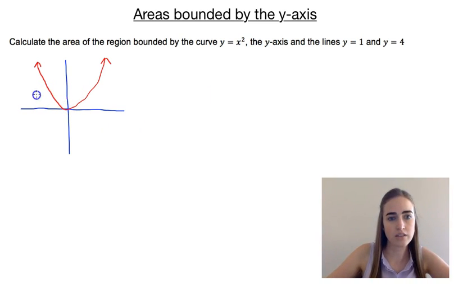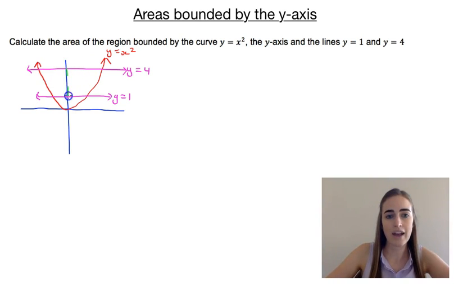So 1 is going to go across here, that's y equals 1, and y equals 4 would be up here somewhere. I forgot to label this one as y equals x squared. So what we're trying to find is bounded by the y-axis, those two lines and our curve. So it's this region in here.